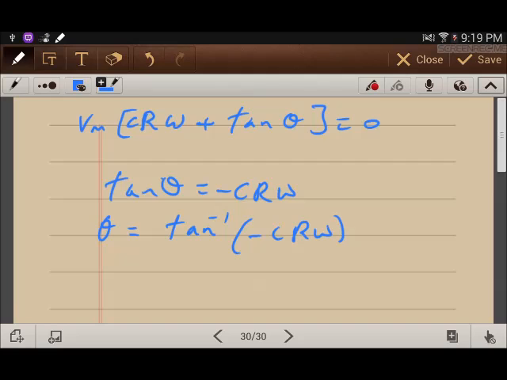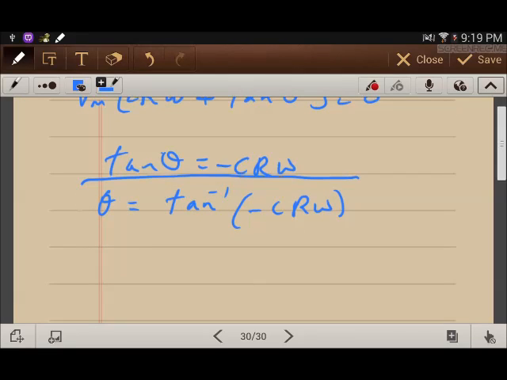So this is how we can find the angle at which the diode will turn off and the capacitor will start to discharge on the load.